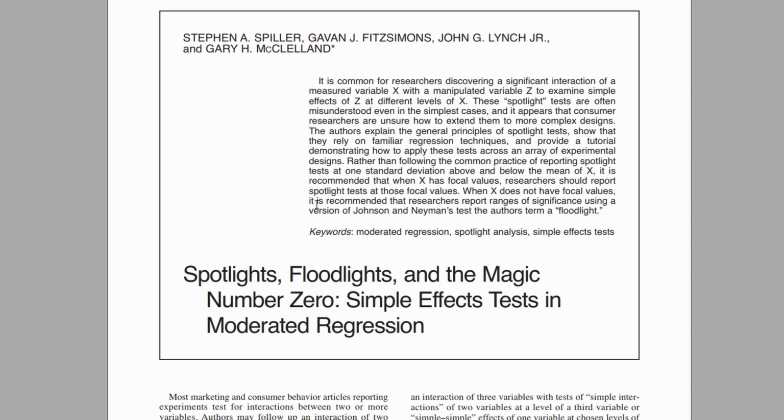I cannot upload this paper anywhere because it's copyrighted material. But for the purpose of this video, you don't really need to read this paper if you don't want to. You can follow this video and you will know how to do spotlight analysis.